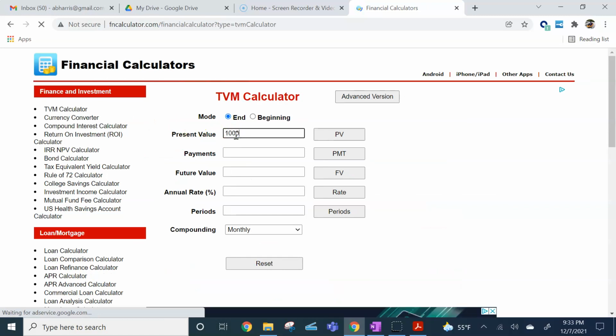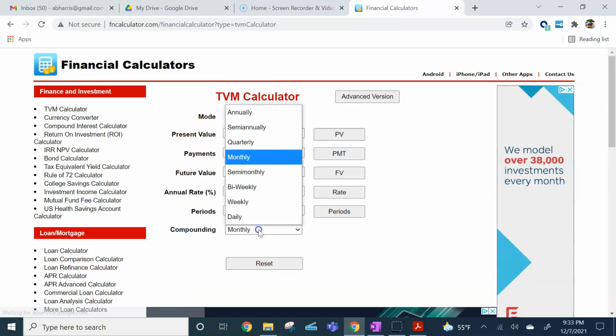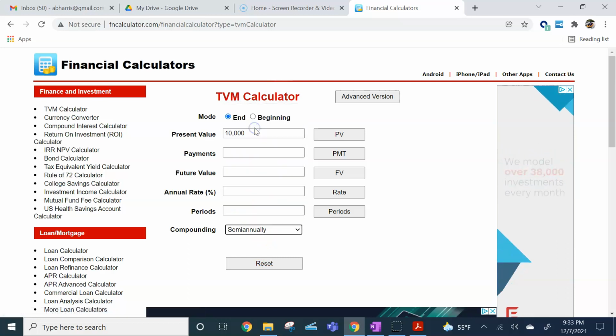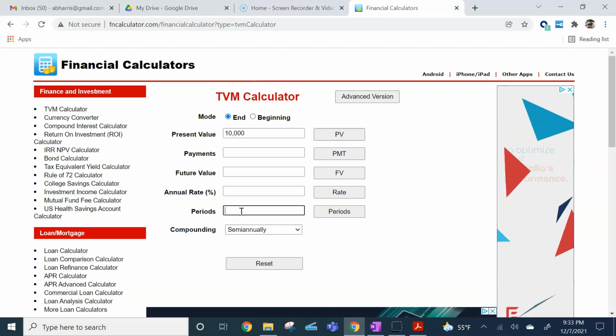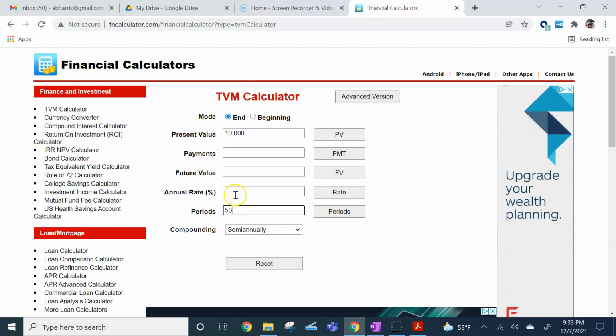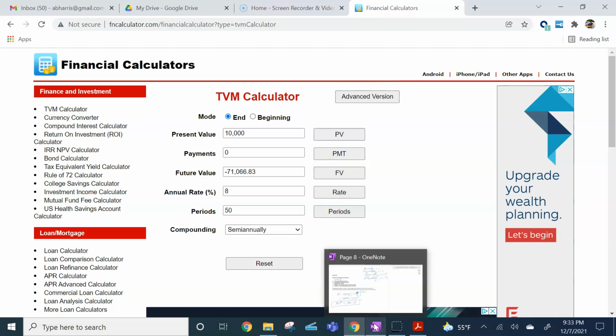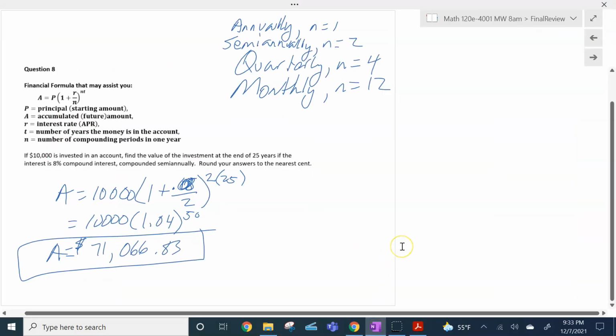We put in $10,000. This is semi-annually, twice a year, twice a year for 25 years. 2 times 25 is 50 periods at a rate of 8%. There are no payments going in. So what's our future value? 71,066.83. Same.